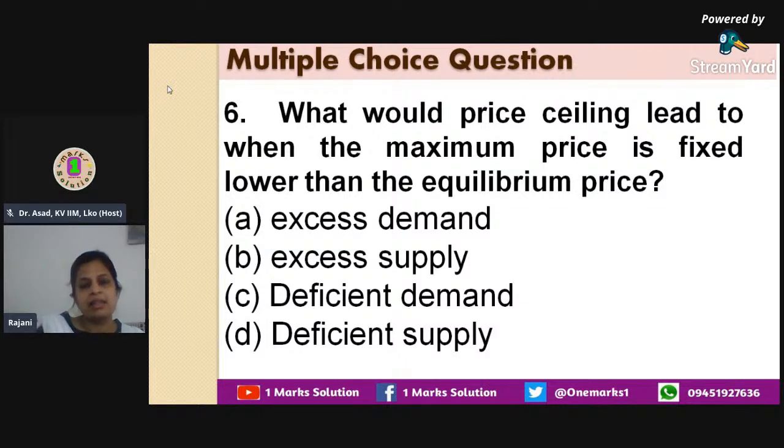A price ceiling is when the government fixes the price of a product, especially essential commodities, to protect the consumers.